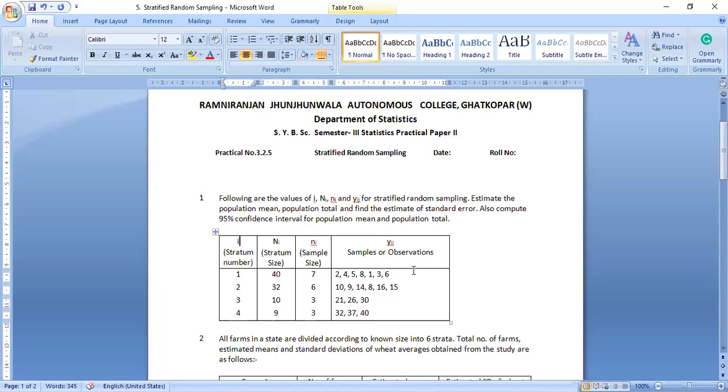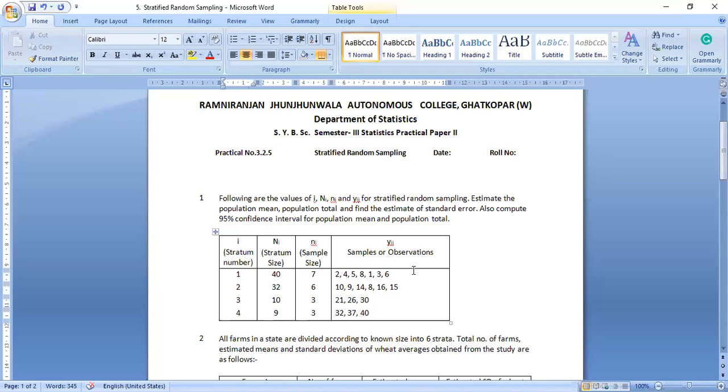Okay, so basically, your first question is based on initial data, like if you have given data, then how one can find their total mean, how can they find their population mean, and how one can estimate their standard error, etc. And also compute the 95% confidence interval for population mean and population total. If you see this, we did discuss much about confidence interval in unit 2, right?